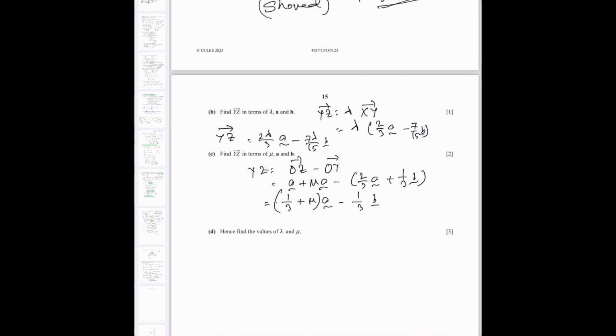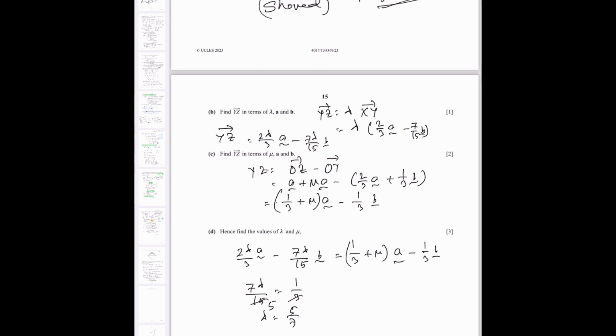So let me equate 2 lambda by 3 a minus 7 lambda by 15 b equals 1 by 3 plus mu a minus 1 by 3 b. Comparing the coefficient of b first, I think it will be easier. 7 lambda by 15 equals 1 by 3, 3 5s are 15, lambda equals 5 by 7.